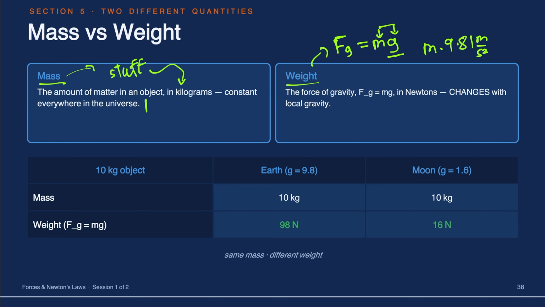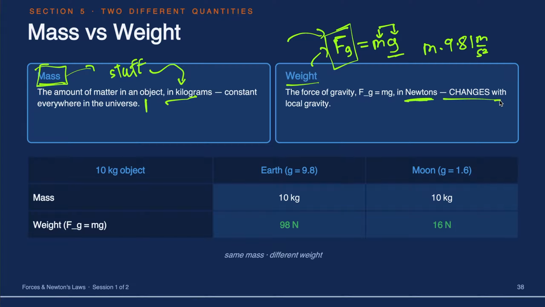So whenever you say I weigh, you should actually be saying I mass, although that's not what we say, right? The force of gravity is your weight. So mg is your weight. And weight is measured in newtons, right? Because it's a force of gravity, it's not kilograms. It's not how much stuff you have. It's your force of gravity.